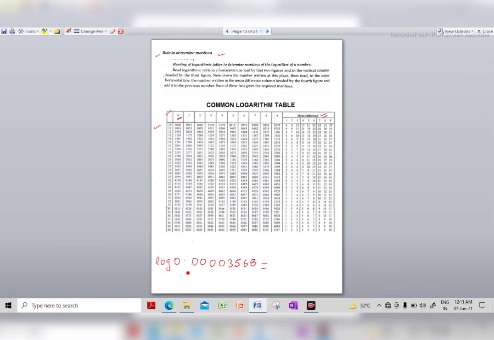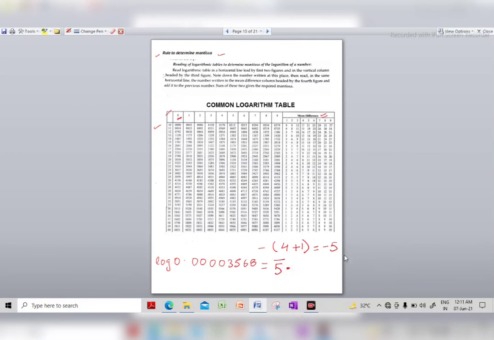So for that we have the rule: minus of the number of zeros after the decimal, which is 4, plus 1. So in my characteristic part my value is minus 5. As I told you, we write it in the characteristic part as 5 bar.